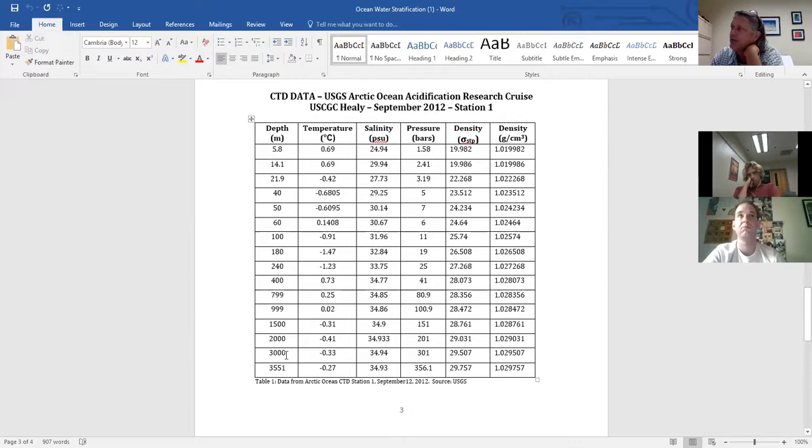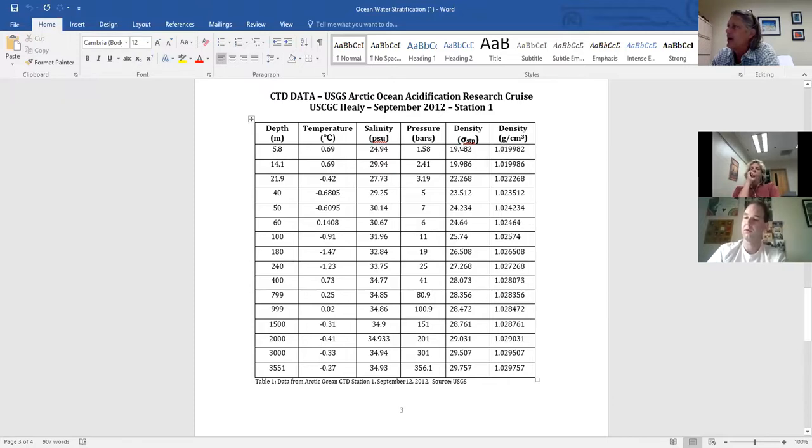Notice your depths, the temperature readings, your salinity, which they label PSU, the same as parts per thousand, the pressure, and then here's your density in grams per centimeter cubed. This is the one that we look at.